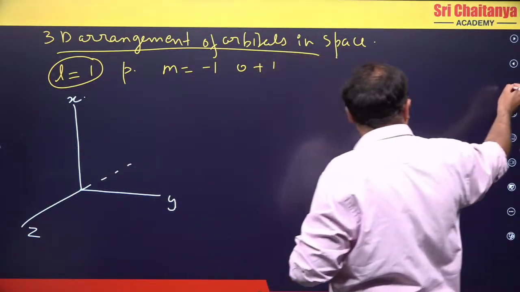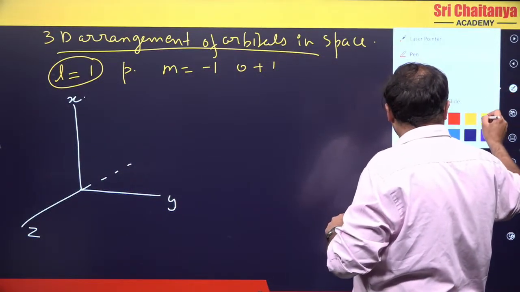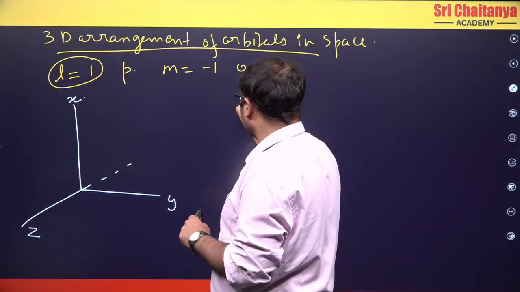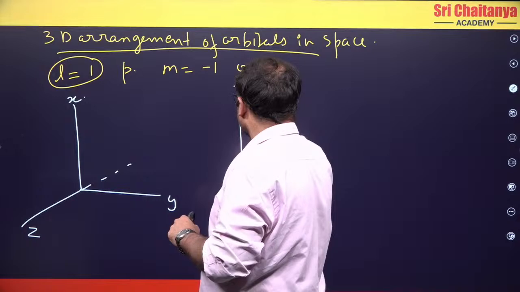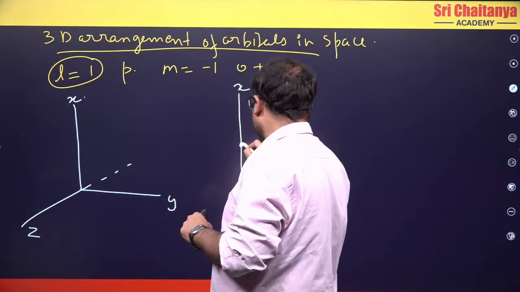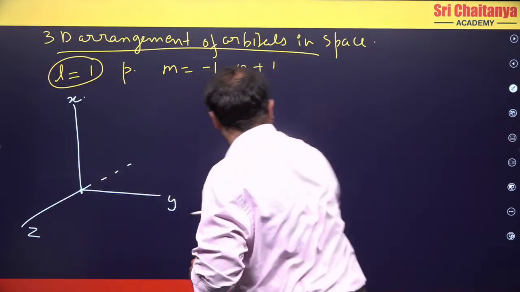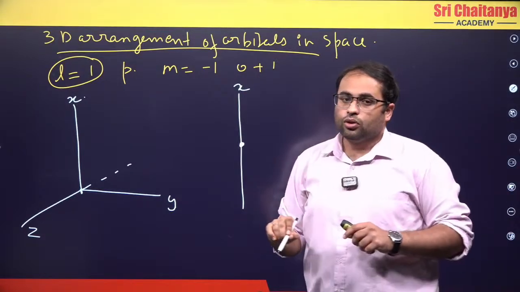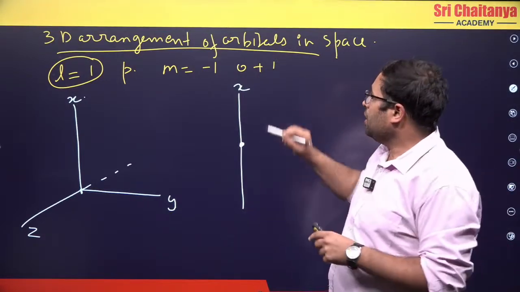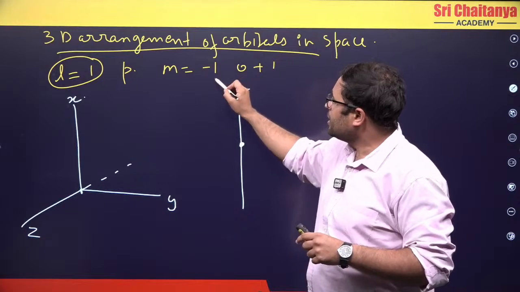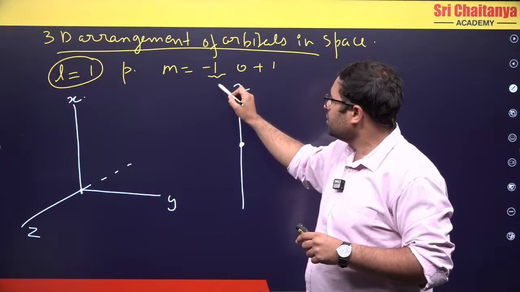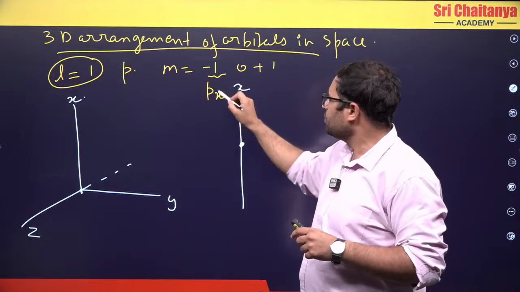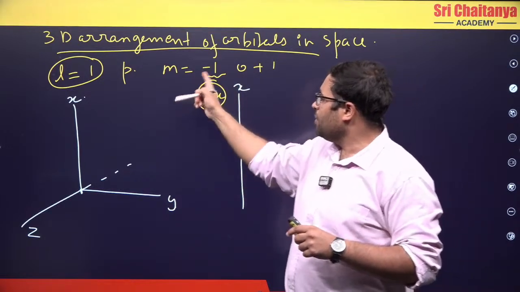Now, p orbital is dumbbell shaped, right? So now I'm going to draw just the x-axis. Suppose this is the x-axis, this is the origin, right? This point. So the orbital, suppose this is the orbital called px, with m equals to -1.